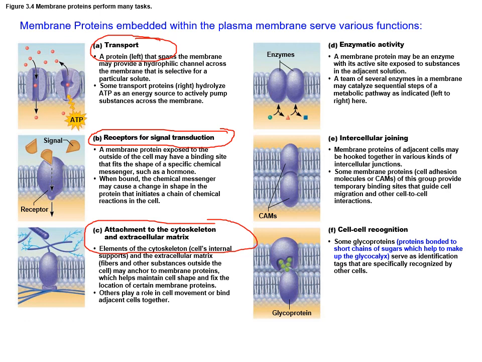It can assist with enzymatic activity and intercellular joining, which we're going to talk about in a second. It allows the cells to anchor to each other. And of course, cell-to-cell recognition. And this is what I was talking to you about, the little glycocalyxes, those little antennas that I was highlighting on the previous slide. Really important for your immune system to take a look at what cell is self versus non-self or foreign.